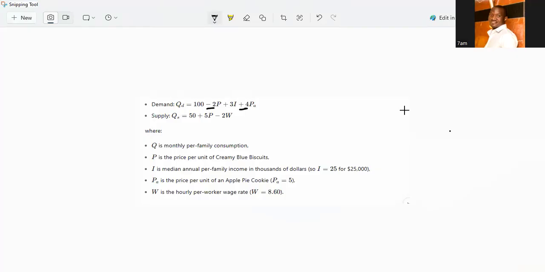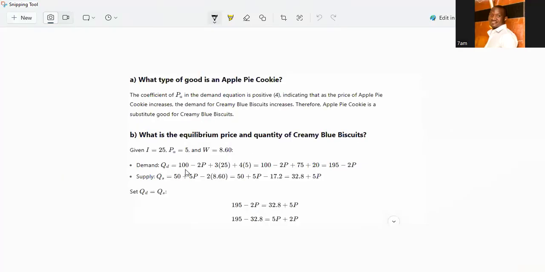Since we've been given the demand function, which is 100 minus 2p, plus 3i, where I equals 25, plus 4pa, where pa equals 5, minus 100, when we substitute this, we're going to find our demand function. So our demand function is simply going to be QD equal to 195 minus 2p.